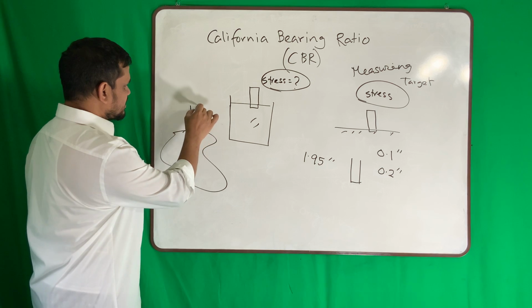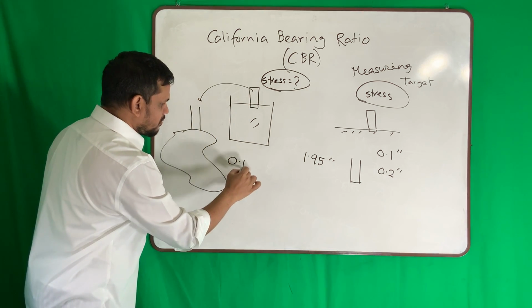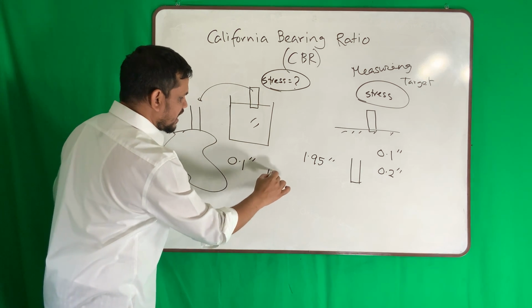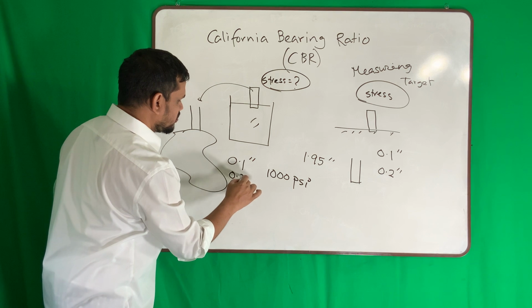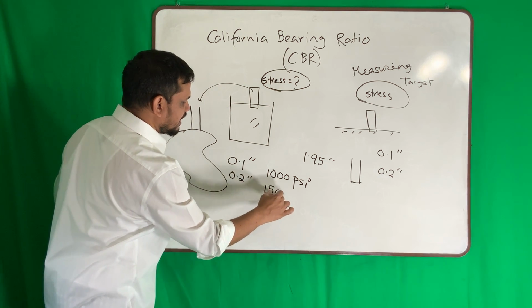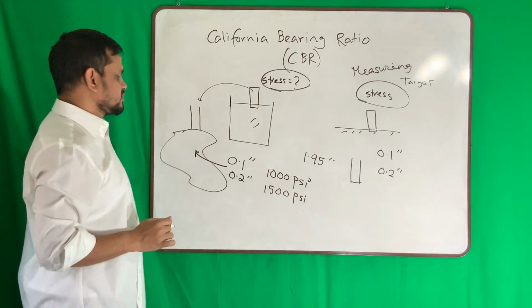If I penetrate the same thing using this piston, we know that for 0.1 inch we need 1,000 psi stress, and for 0.2 inch we need 1500 psi stress for this stone.